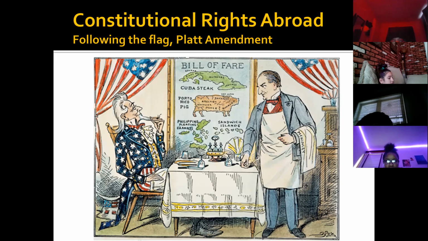It's Platt with 2 T's. The Platt Amendment was signed in 1901, which states that if the US troops leave, Cuba had to allow the United States to intervene in any foreign affairs that Cuba involved themselves with.